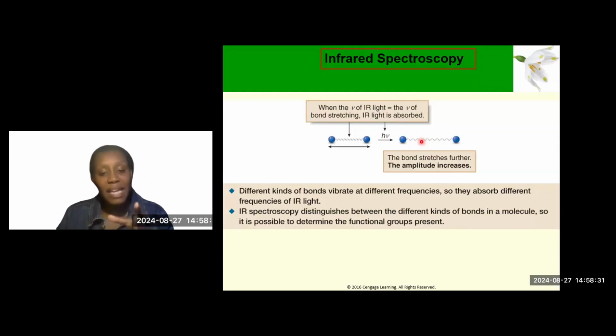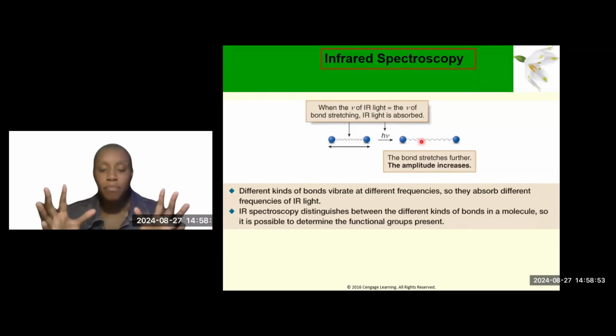Okay, so if I'm shining a light and I'm using an instrument to see at what point this light is being absorbed, I can record that, display it, and look at it to determine, because again, remember, different bonds absorb at different frequencies.